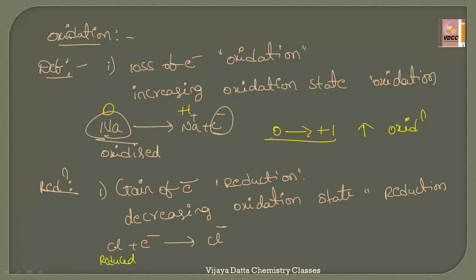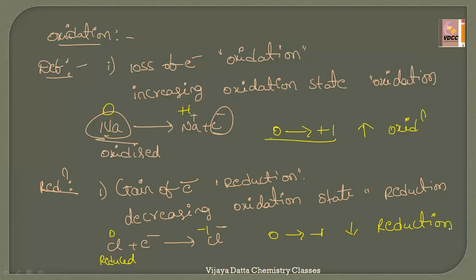Also, as it is existing as an elementary non-metal, its oxidation state will be 0. Even for Cl2, it is 0, then it produces -1 here. So 0 to -1, decreasing oxidation state, is called reduction.